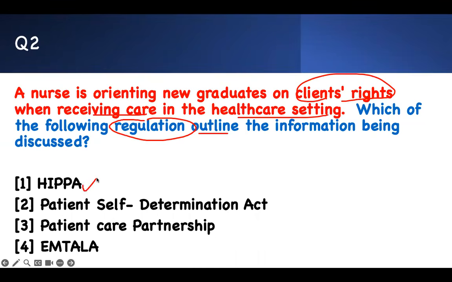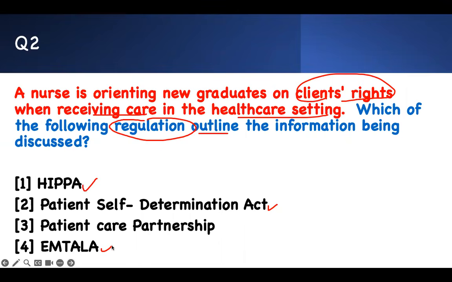HIPAA does not define your rights. It just deals with how we can disclose your medical records. The Patient Self-Determination Act deals with the fact that we have to ask you whether you have advance directives. The Emergency Medical Treatment and Active Labor Act deals with the fact that when you show up in the emergency room, even if you don't have insurance, we have to treat you.